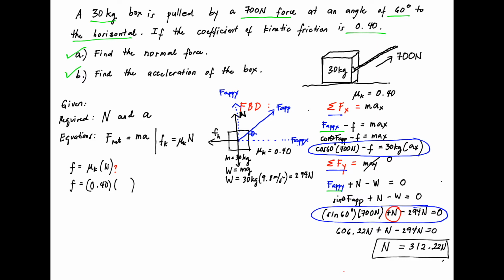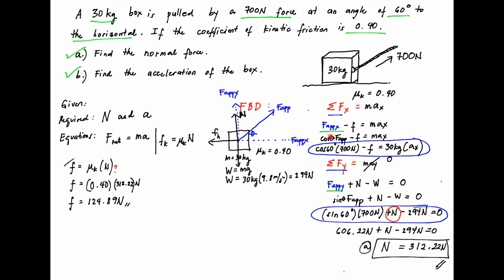So we have now answered letter A. The normal force is 312.22 Newtons, so we can simply substitute this into the formula. Therefore, the frictional force is 124.89 Newtons.